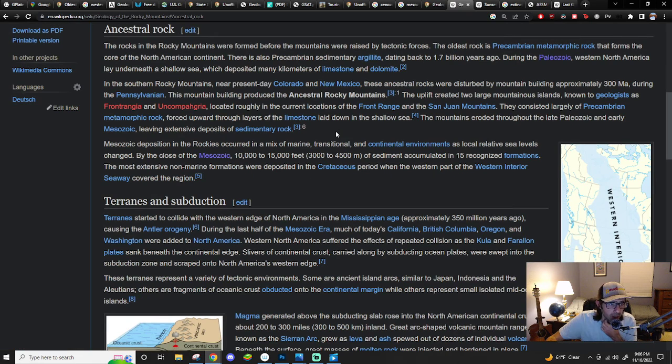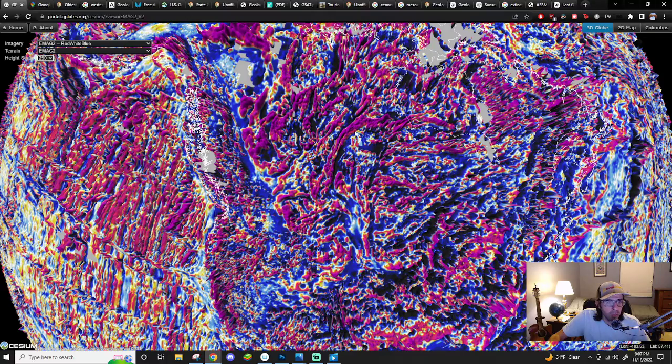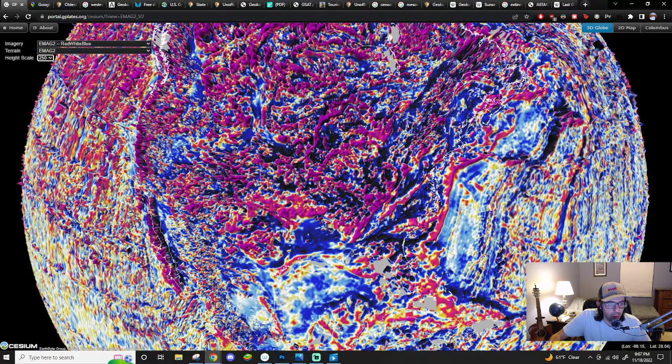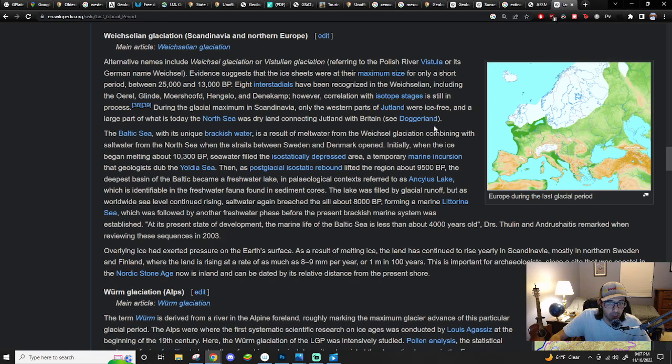When was the ancestral Rockies? 300 million. Just probably when this current was flowing and disturbing this region, I guess, if that's where that is.